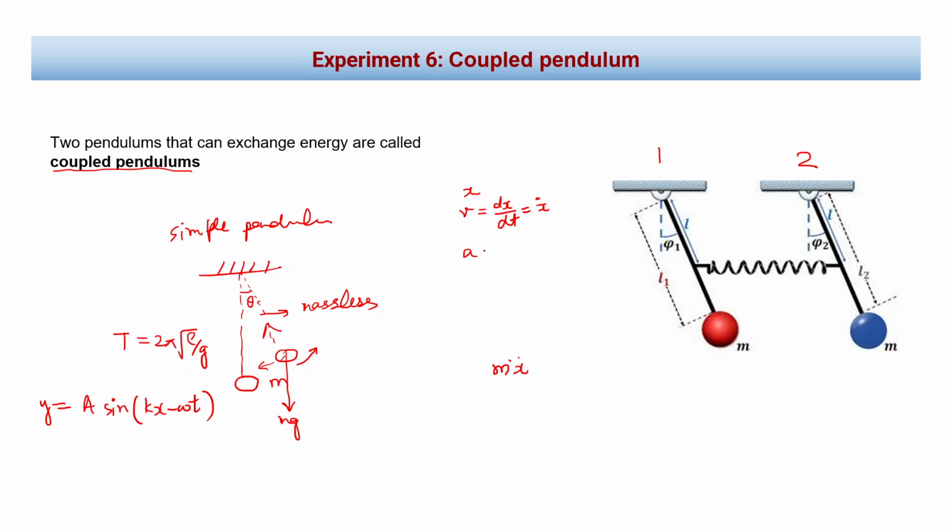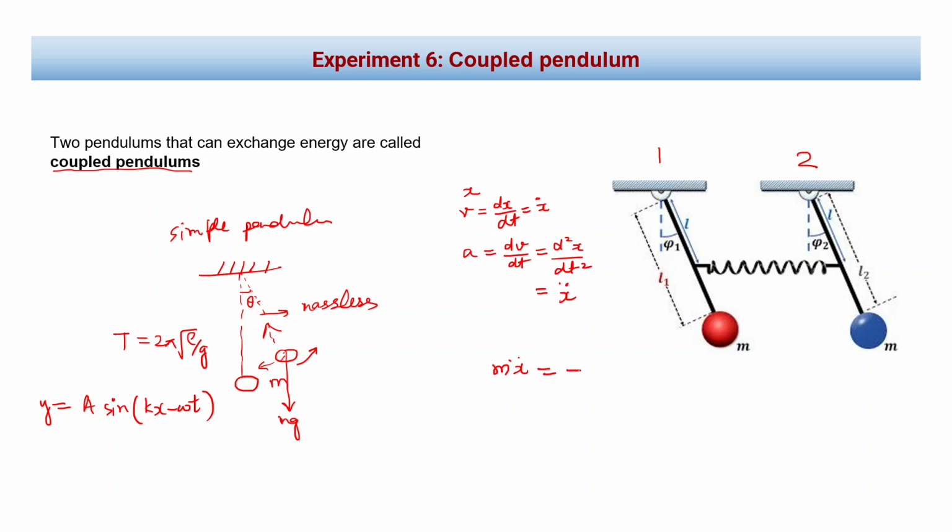Now acceleration is the derivative of velocity with respect to time. That means double derivative of displacement with respect to time. This itself is what we show as x double dot. Either you can write acceleration or x double dot, it's the same thing. So this is the force for this pendulum.